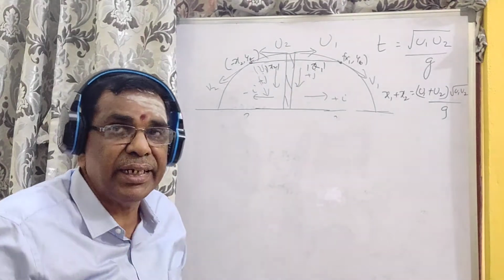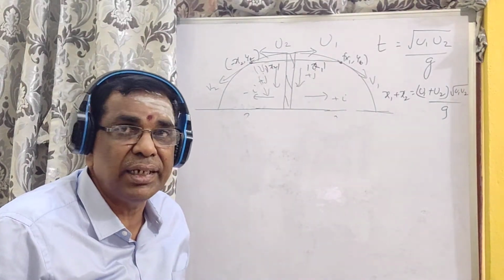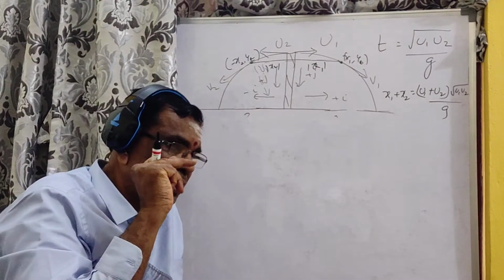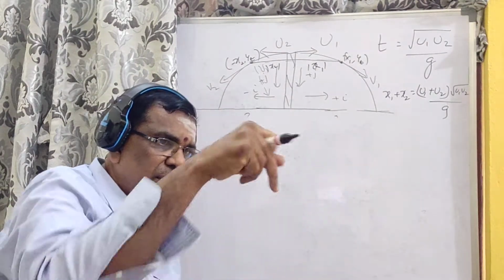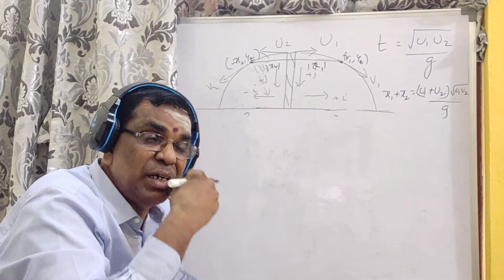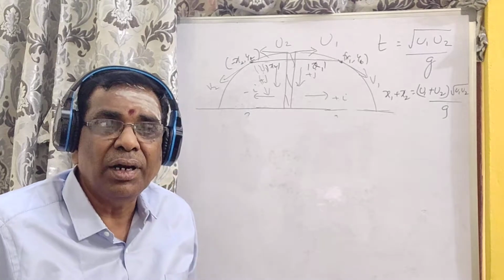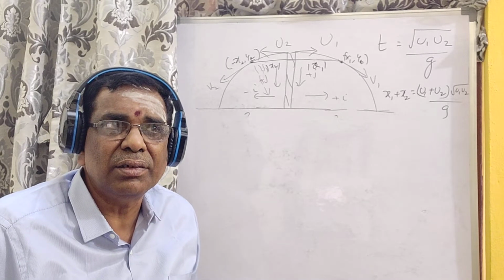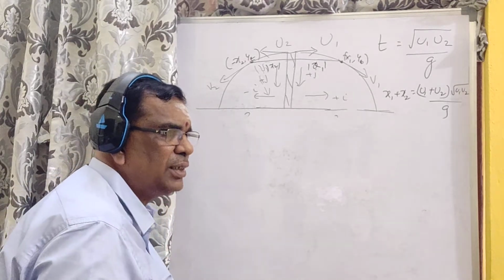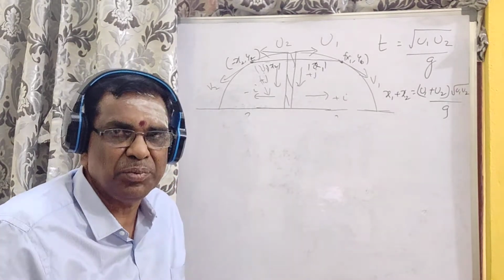So it is a 3D case, you remember. What is the 3D case? You see, this is U1, I, this is J, this is K. So they may ask what is the distance of separation between these two particles at any time t.